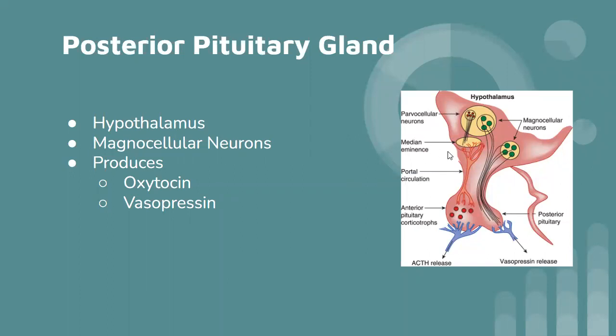So the hypothalamus, let's go over how it communicates with the anterior pituitary real fast, just as a review. The hypothalamus is connected to the anterior pituitary gland through portal circulation. The reason I'm going over this is just because it's different from the posterior pituitary, and I want to highlight the differences real fast.